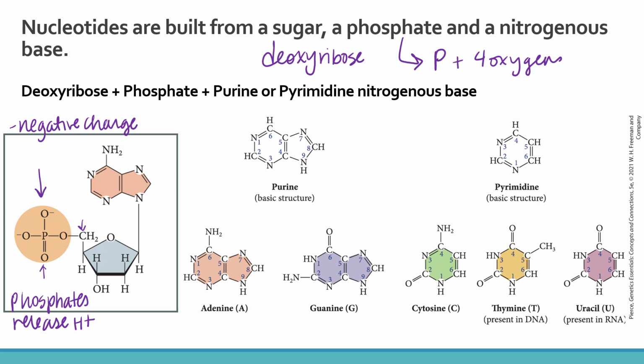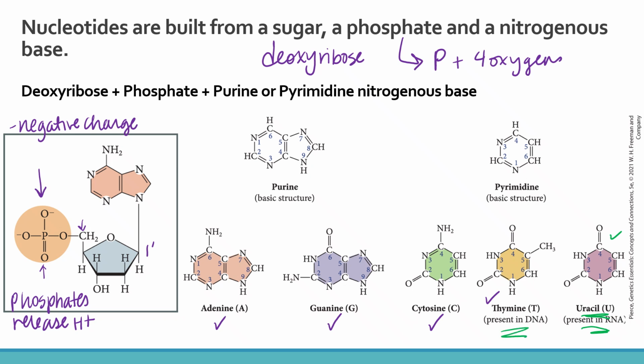Attached to that 1' carbon on the opposite side of the molecule, we have 4 options for nitrogenous bases. Actually 5, but in DNA we have 4 options. We have adenine, guanine, cytosine, and thymine. And then uracil is present in RNA only instead of thymine.